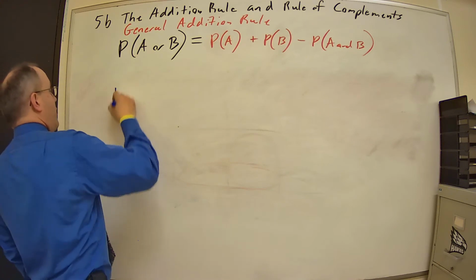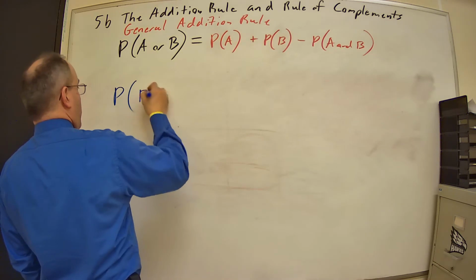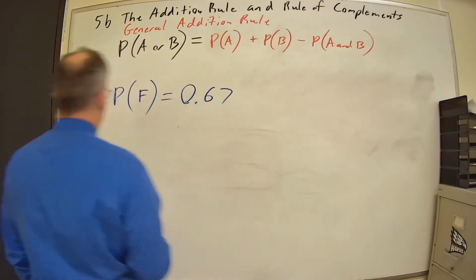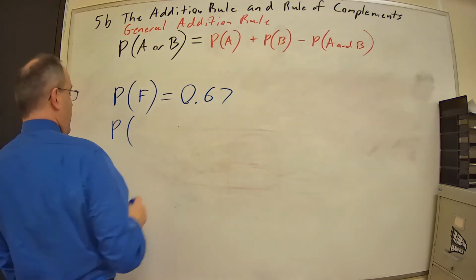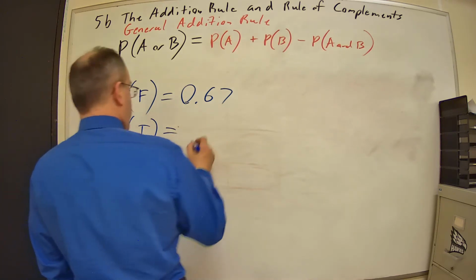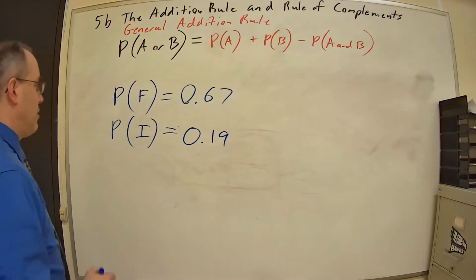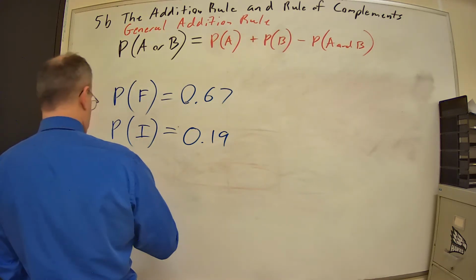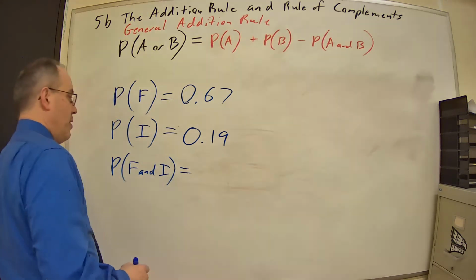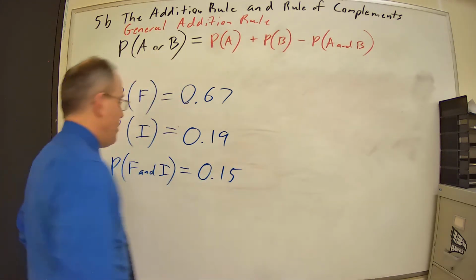What if I just know that the probability of selecting a female is 0.67, the probability of selecting an instructor is 0.19, and the probability that I select a female instructor is equal to 0.15.